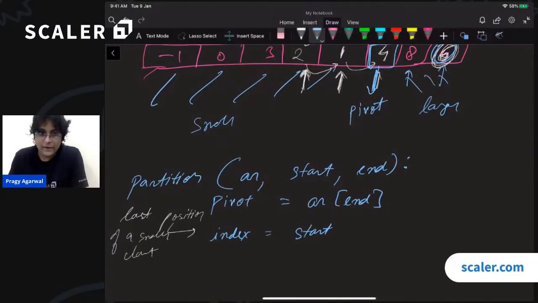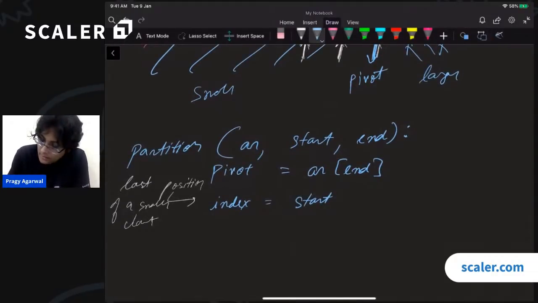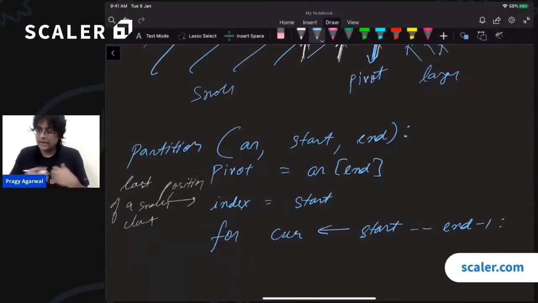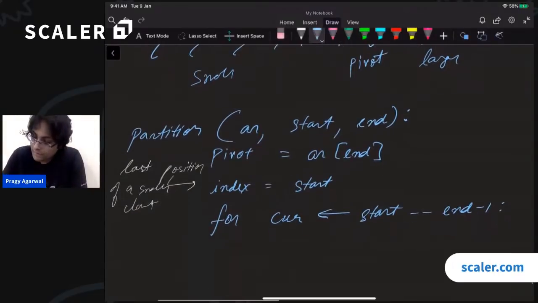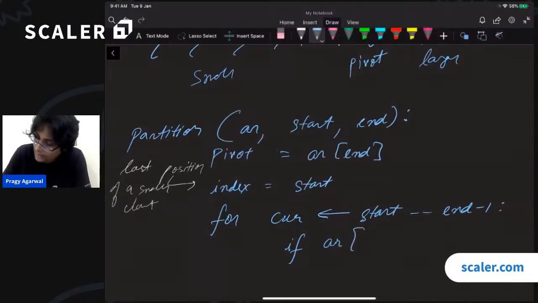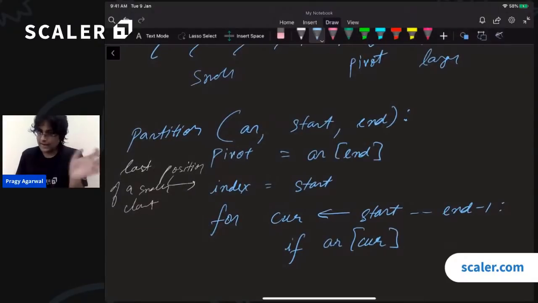Okay. Now what will I do? I will make a loop. So I will say for current going from start till end minus 1. So current will go over all the different elements. Then I will compare AR of current with the pivot. Pivot is what I want to base my calculations on.